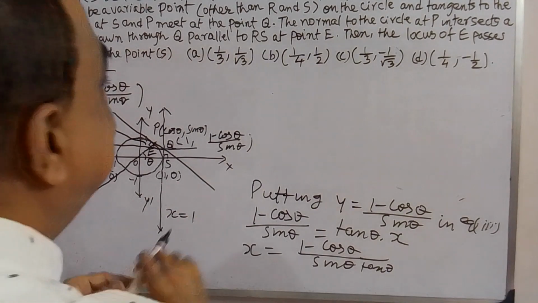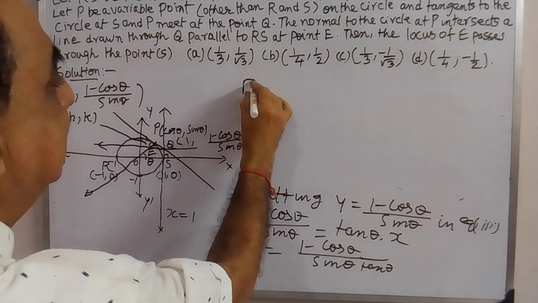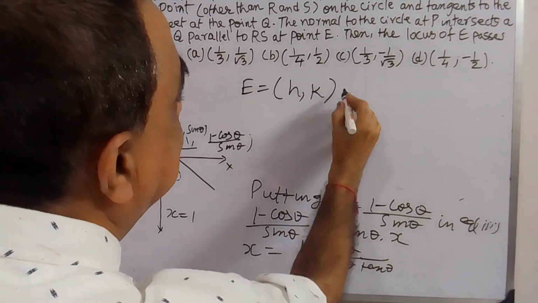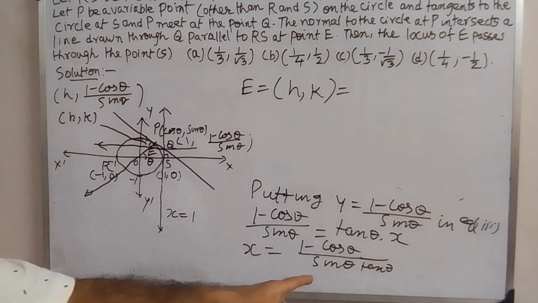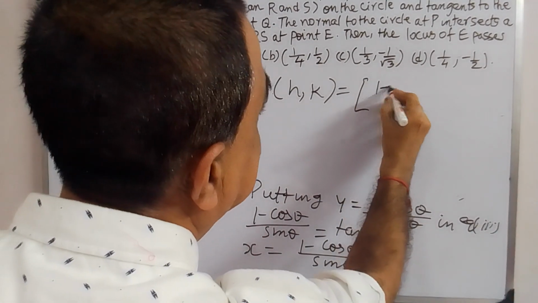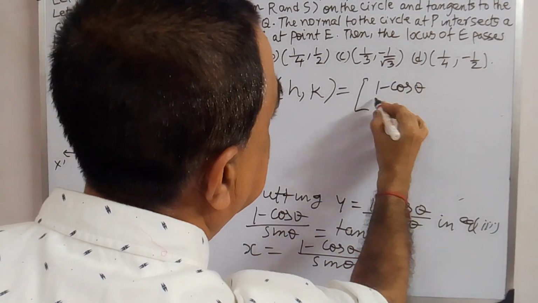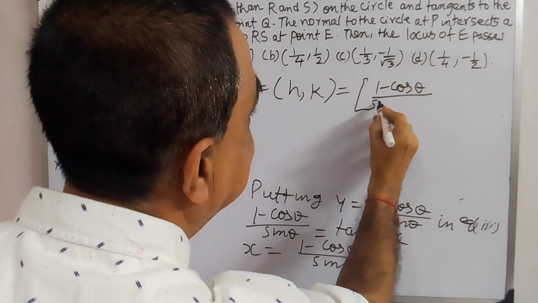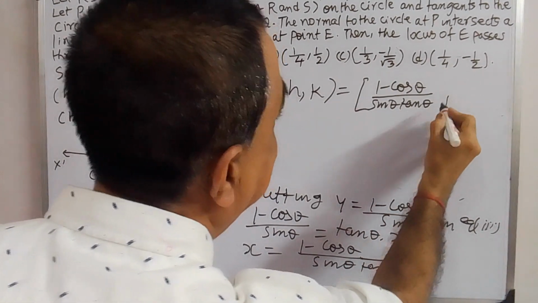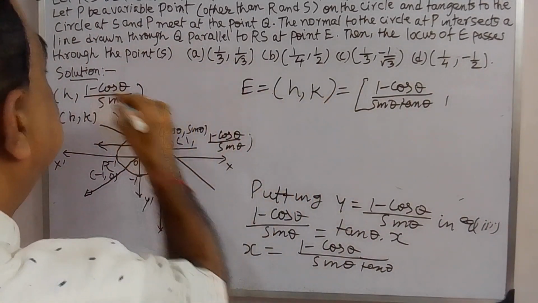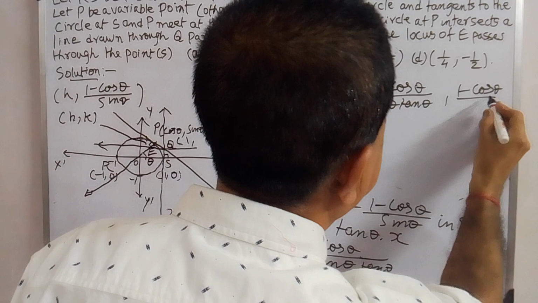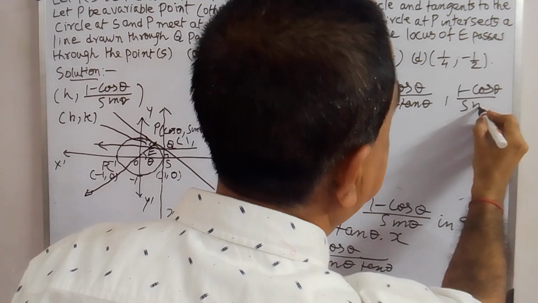So now we have got the x coordinate and the y coordinate both in terms of theta. Here the coordinates of E we have taken as (h, k). H, the x coordinate, is (1 minus cos theta) divided by sin theta into tan theta, and the y coordinate k is (1 minus cos theta) divided by sin theta.